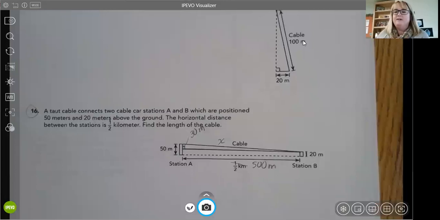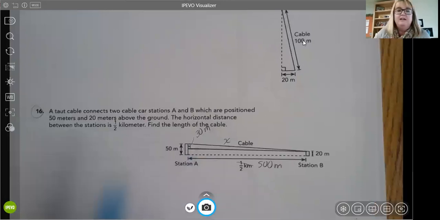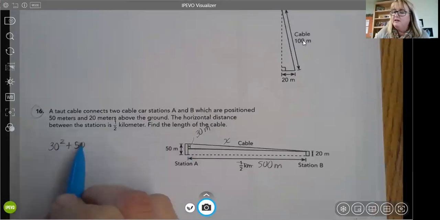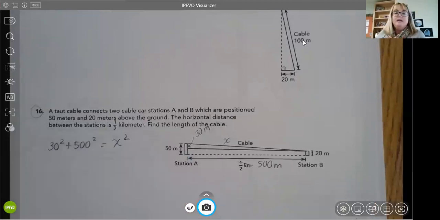So let's set up our problem. One leg is 30 meters, one leg is 500 meters. So it's going to be 30 squared plus 500 squared equals x squared. And that's our unknown.